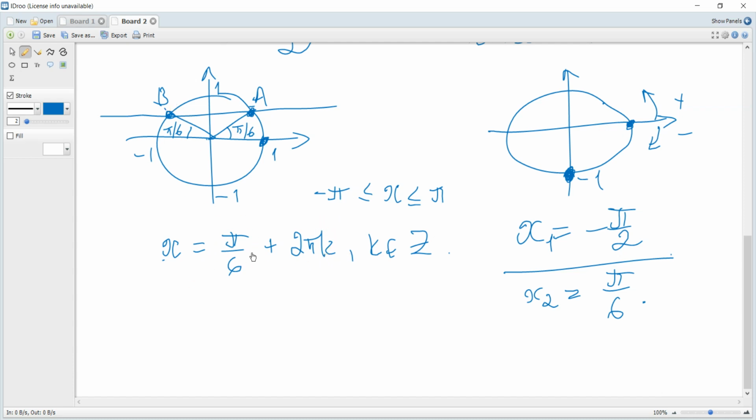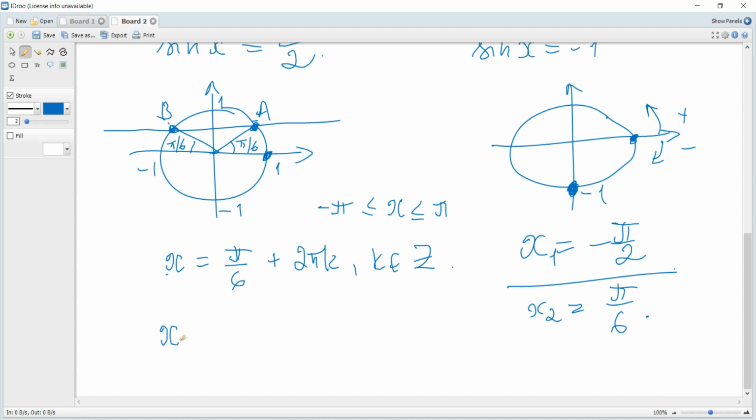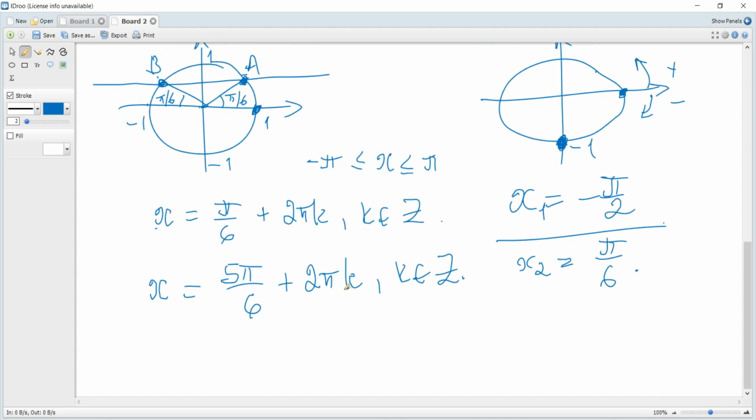And let's consider point B. For point B, you can see that this angle is pi minus pi over 6, or it's 180 minus 30 if it would be in degrees. So x is pi, which is 6 pi over 6, minus pi over 6, so it's 5 pi over 6, and definitely from a given region it's a solution, but in general it's plus 2 pi k, and you can see that there is only one root when k is 0.